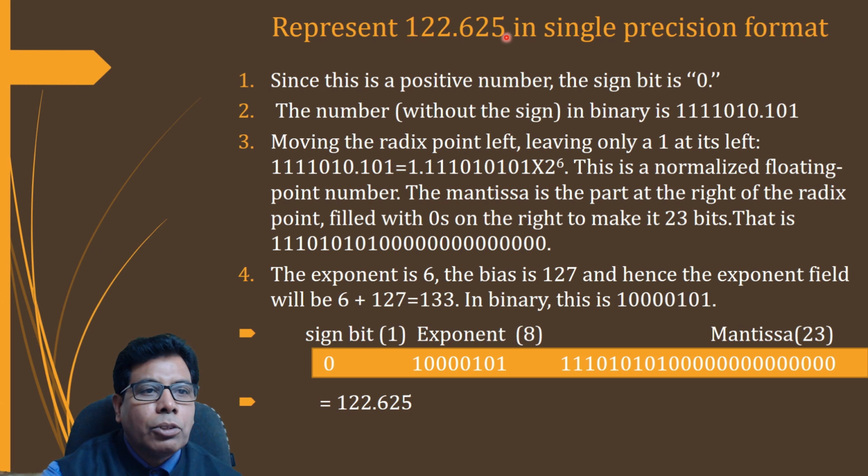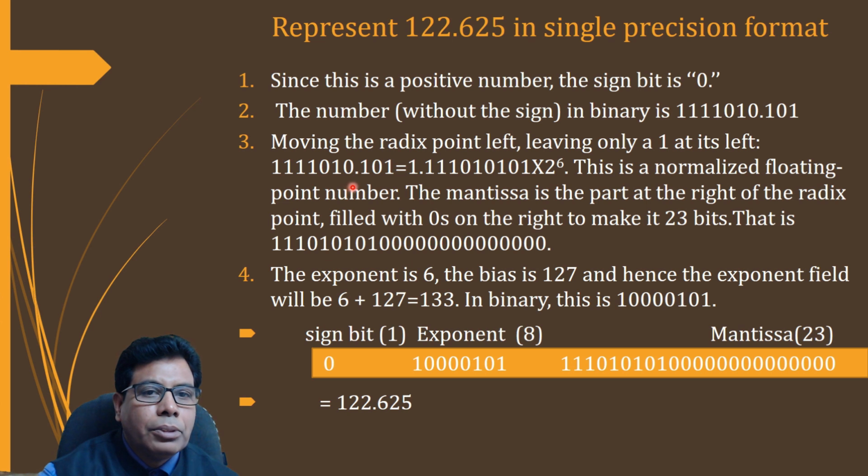Now here this is a positive number, so the sign bit will be 0. Then the number is 1111010.101. So this is the number. Now we have to normalize the number by changing the radix point.